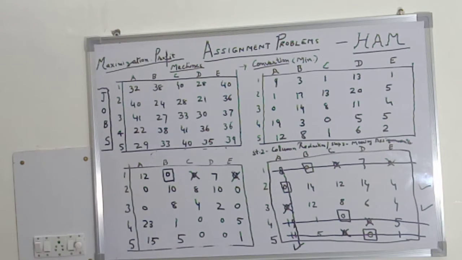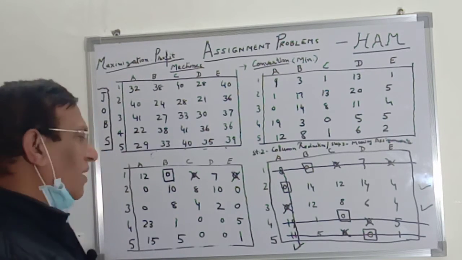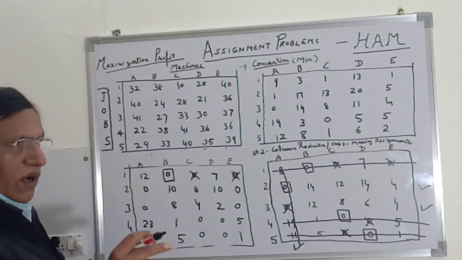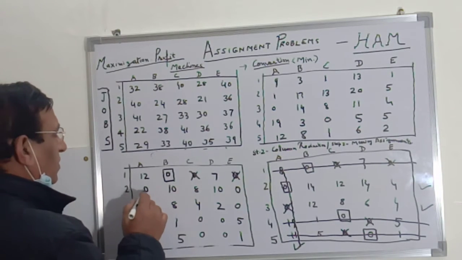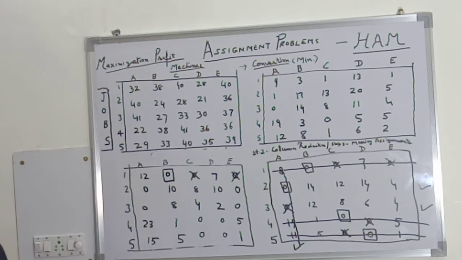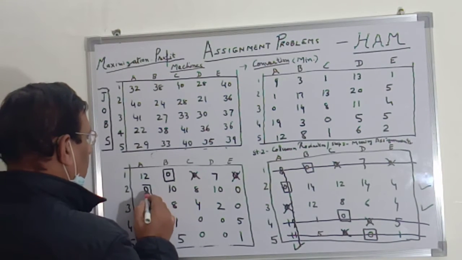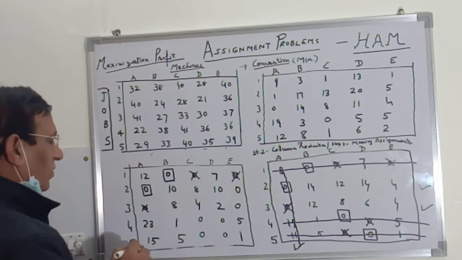So it means there is an alternative when making assignments. If you are going row wise, then in the second row there are 2 0, so make either this 0 an assignment or this 0 an assignment. It will not affect the result, let me tell you. So row wise, if you make this 0 an assignment, then delete the zeros in the column.